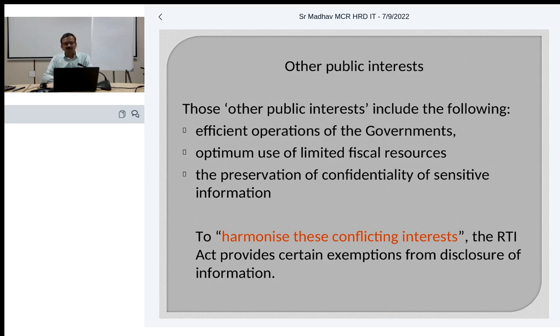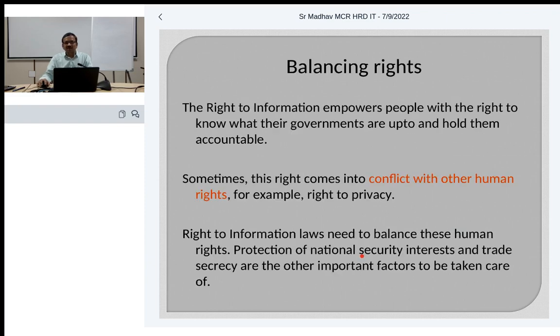Other public interests as per the preamble of the Act are these: efficient operations and limited fiscal resources and preservation of sensitive information. And the preamble says the law needs to harmonize these conflicting interests. So exemptions under Section 8 and 9 take care of this particular concern, that is, to harmonize these conflicting interests.